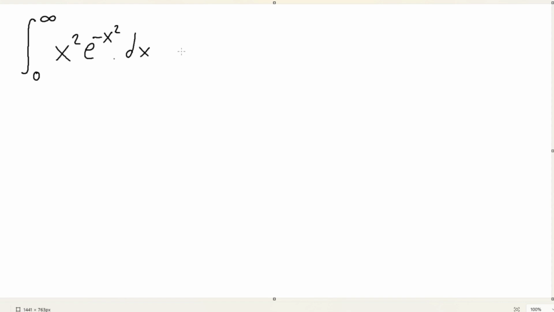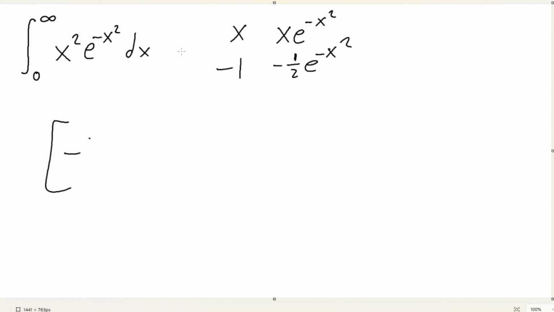What we could do is just do integration by parts. The antiderivative for this one would be negative half e to the power of negative x squared, when you do the basic u substitution. But then we're left with this integral. So we pretty much have x over 2 e to the power of negative x squared from 0 to infinity.